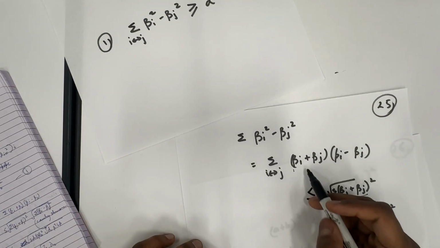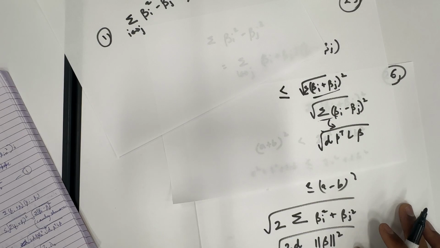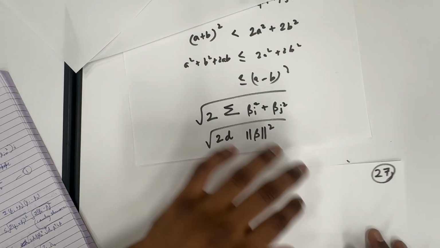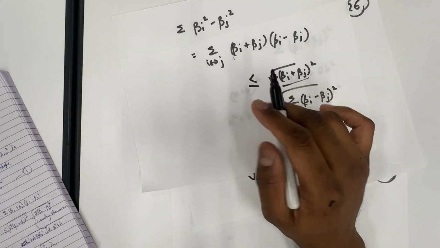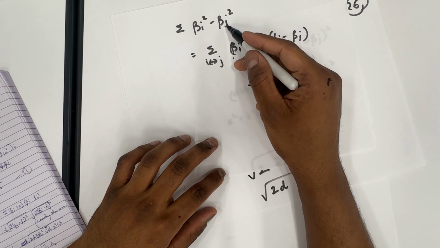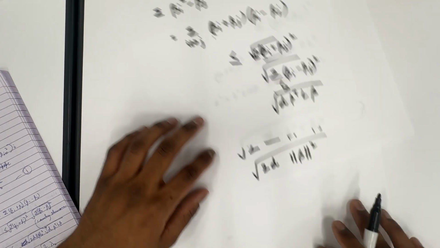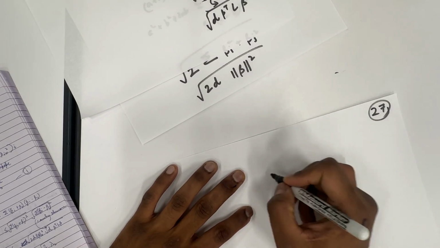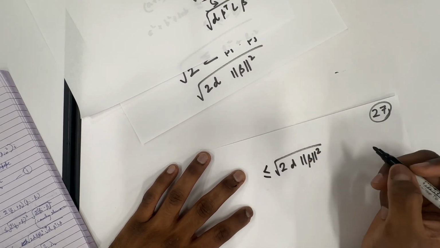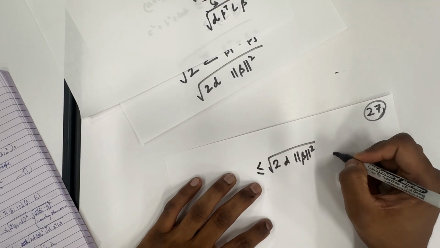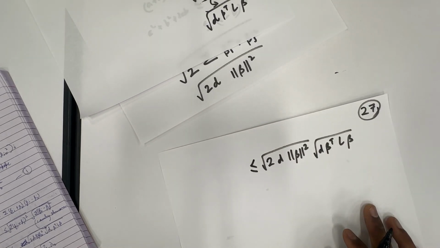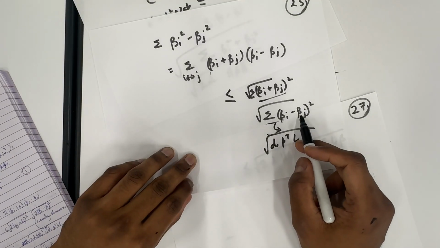So we started from here. The 1/2 is calculated by using Cauchy-Schwarz. We went to this, and here we have found that this is less than or equal to 2d times the norm of beta, square root, and also the square root of beta transpose L beta times d, from the beta i minus beta j thing, right?